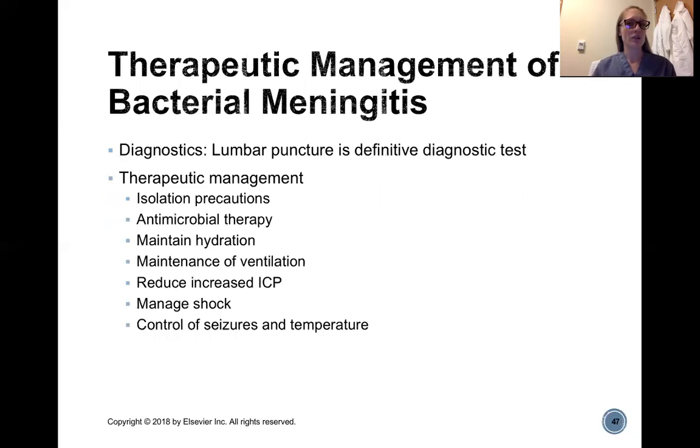Lumbar puncture is going to be our best diagnostic test to determine whether or not we are dealing with bacterial meningitis. If we are, we're going to put the child in isolation. We're going to start antimicrobial therapy immediately, and we're going to maintain supportive care with whatever the child needs, such as respiratory support, to ensure a quick recovery.